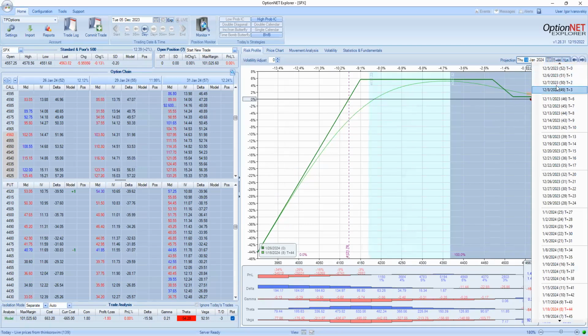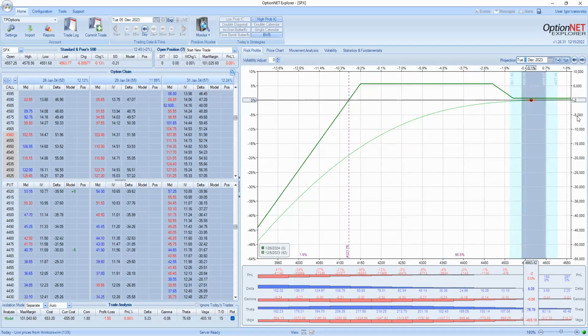If we go down early on in a trade, try to follow me here. I'm looking at this minus 5,000 number. So if we come down to about, let's call this 4,300, at 4,300 this trade is down $5,700.